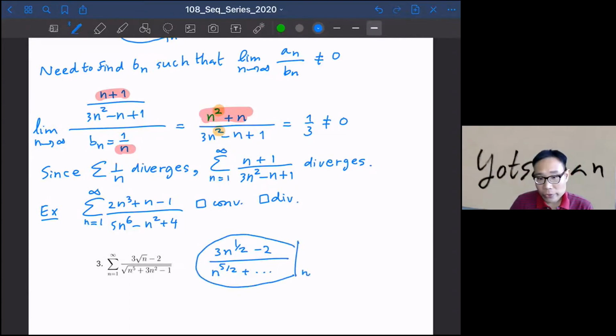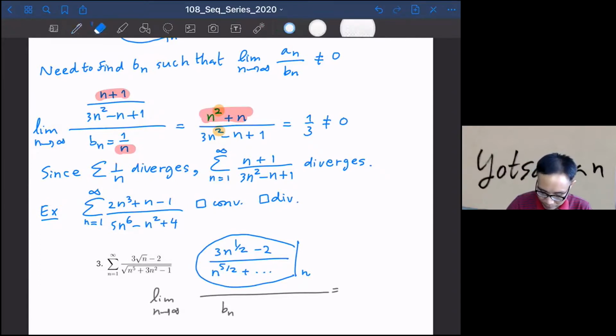Okay, so you need bn such that you are able to find the limit as n goes to infinity, and this limit turns out to not equal 0. So you see that bn must be n to the 5/2 on the bottom plus I don't care.